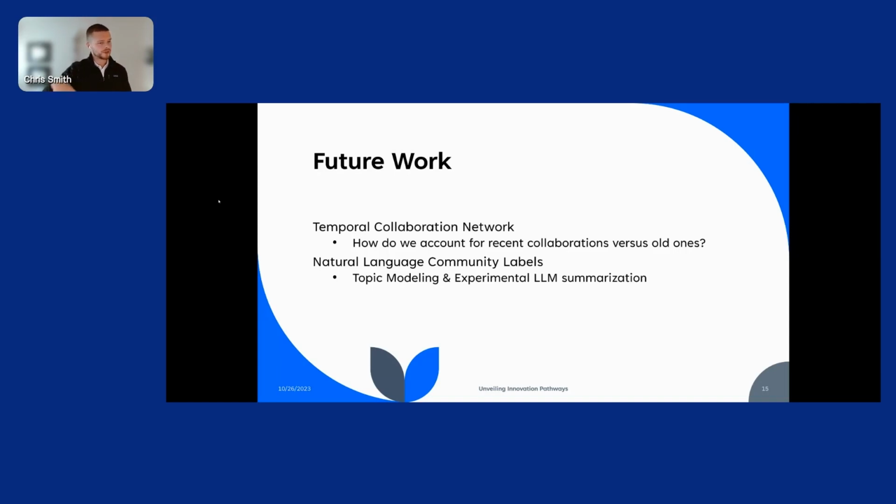If we think about those communities that we generated, we want to assign natural language labels so an analyst knows what they're looking at. That's where maybe some topic modeling might happen with the research paper abstracts, or even some experimental LLM summarization workflows that will generate those labels in a more automated fashion. We're excited about exploring both of those areas.